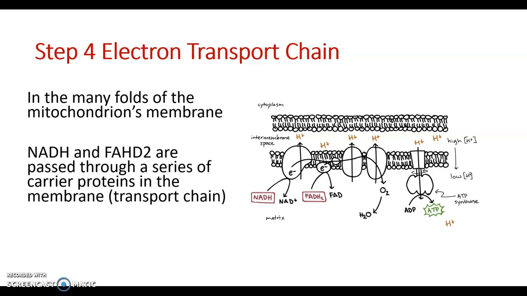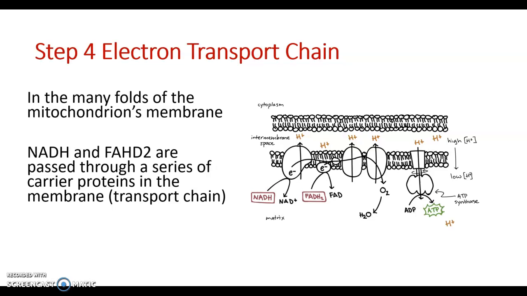Those molecules of NADH and FADH2 produced in those first 3 steps are then passed along a series of carrier proteins that are embedded in this inner membrane. And their molecules pass their electrons to each of these proteins, and each time an electron is transferred, energy is released as ATP. So for each molecule of glucose that's split by glycolysis, we are then going to get 32 molecules of ATP once we get to the electron transport chain.